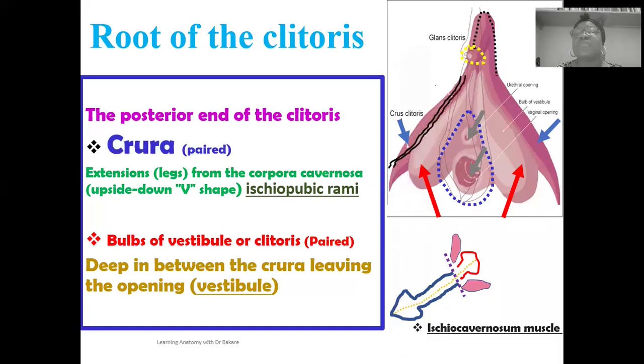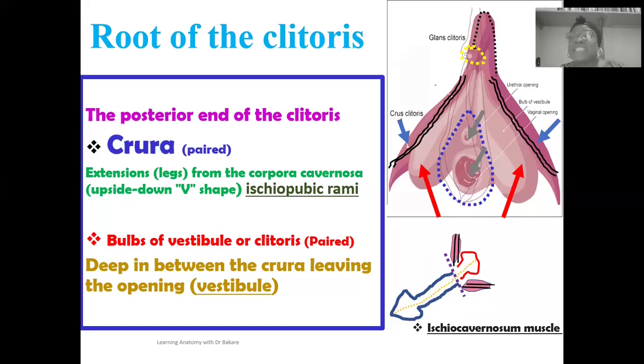This is the fibers of this muscle running over the two crura. And this is what is seen here in this upper image. This kind of presentation is also seen around the crura of the penis. So in this inferior image, where we have the crura of the penis, you also have fibers of the ischiocavernosus, highlighted in black, also running across the structure. And this is where it is helping to support the structure.